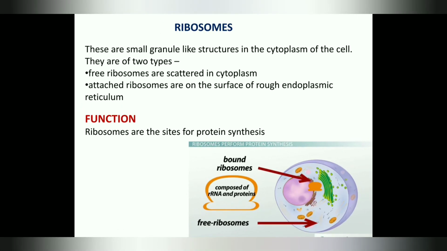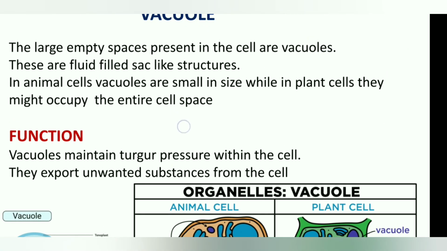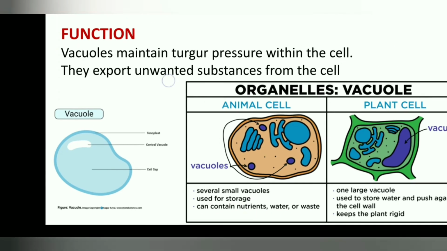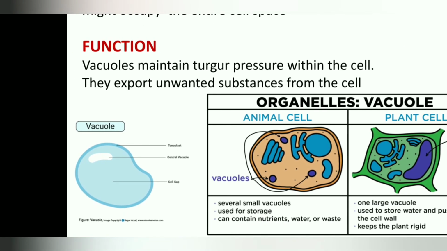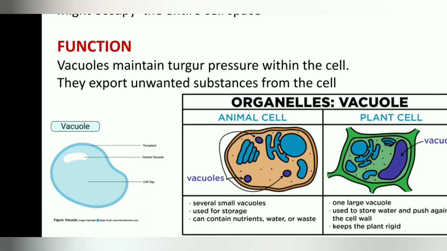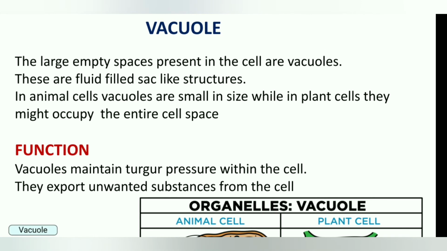So now coming to the next slide, that is vacuole. We have seen this organelle in plant cells and animal cells. The large empty spaces present in the cell are called vacuoles.